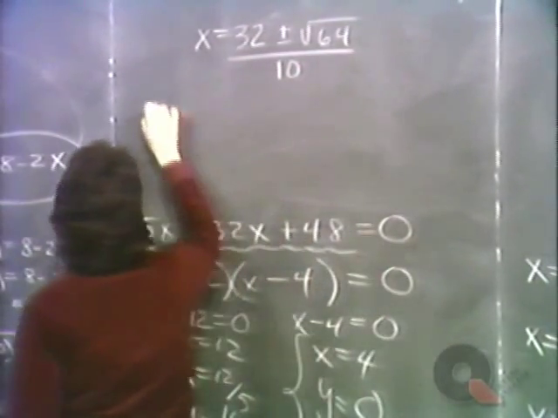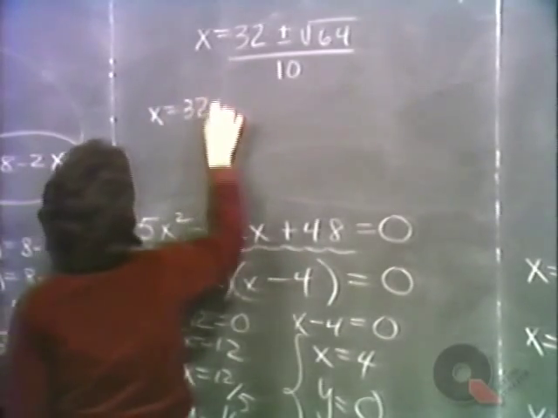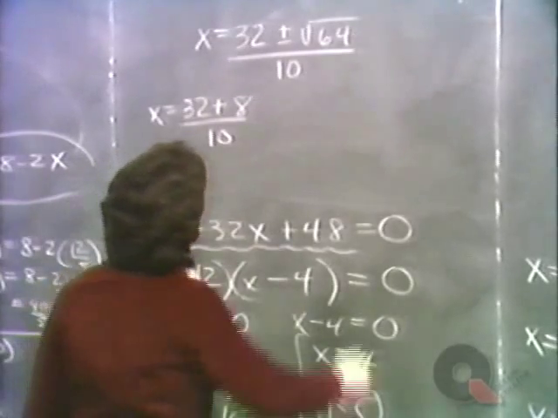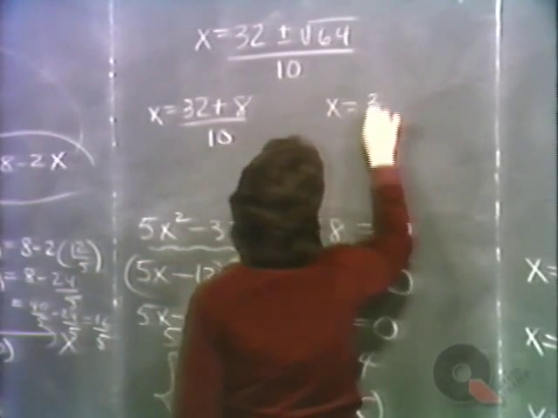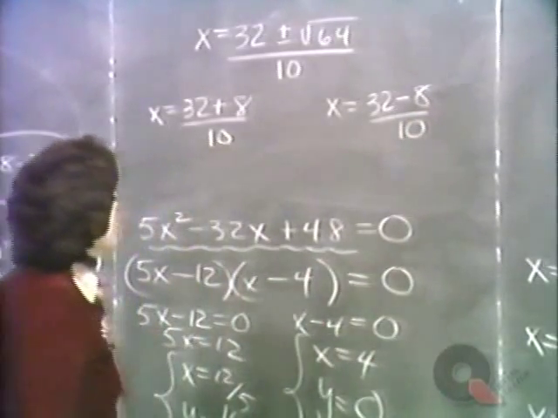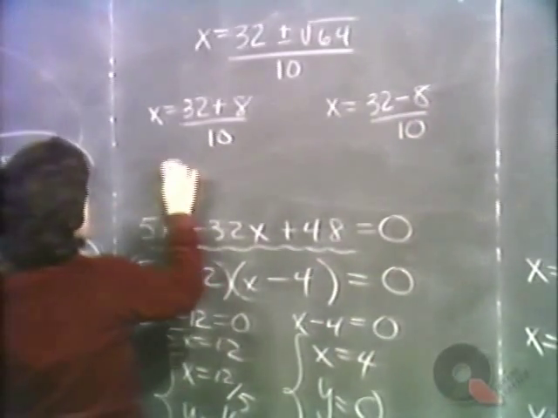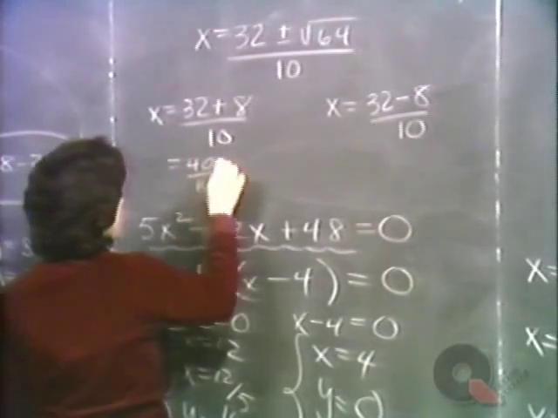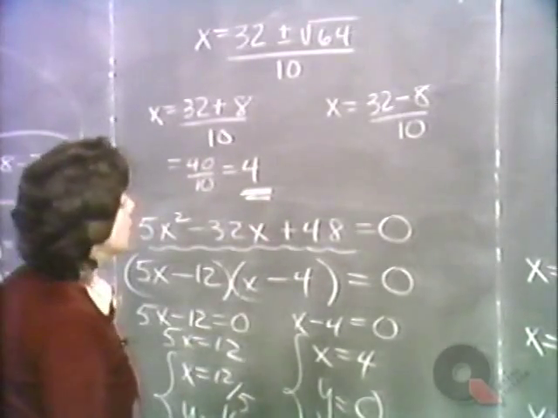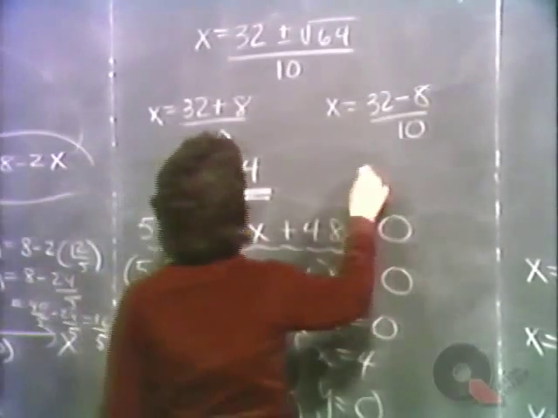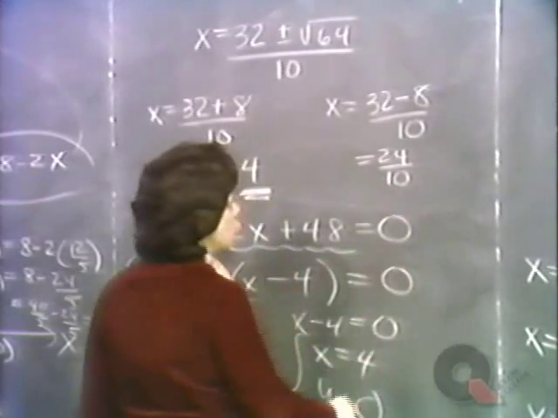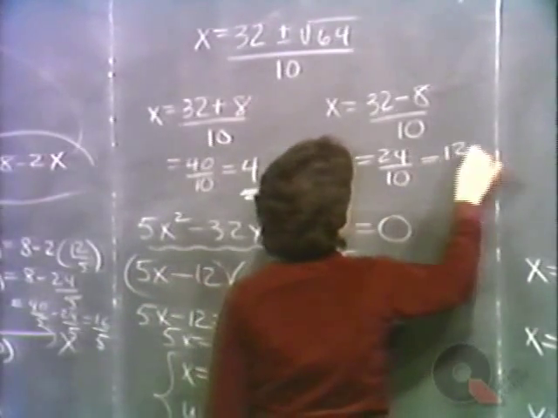So we have x equals 32 plus 8 over 10, the square root of 64, of course, is 8, and x is equal to 32 minus 8 over 10. 32 plus 8, that's 40 over 10. That's 4. 32 minus 8, that's 24 over 10, which reduces to 12 over 5.